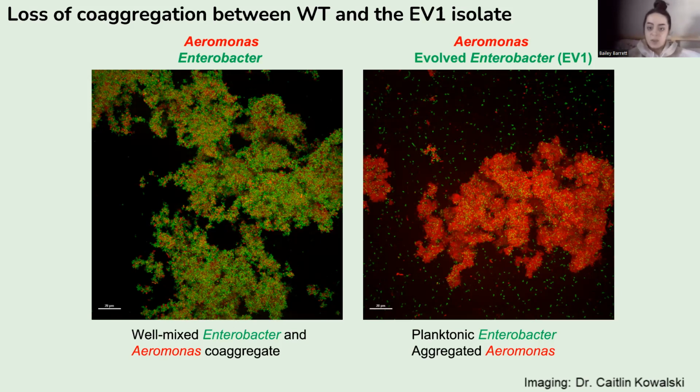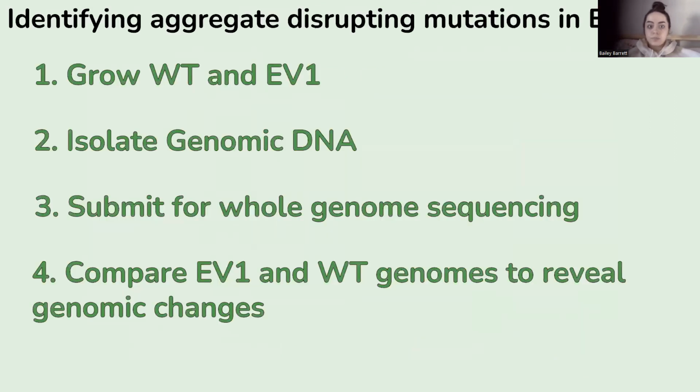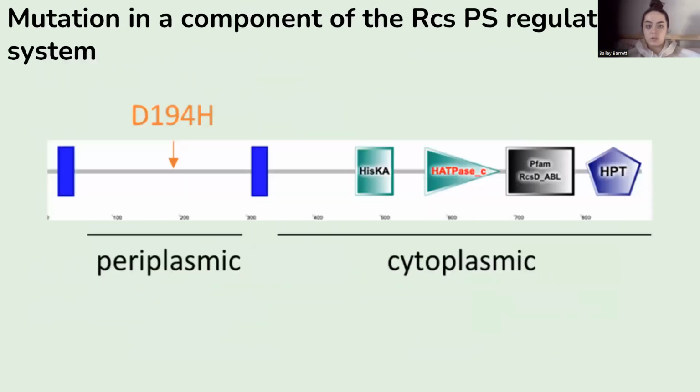This was imaging of EV1. This was so exciting, and we needed to send EV1 off for genomic analysis. So that's what I did, and we got our results back, and we found a mutation in the RCS regulatory system, and particularly for EV1 in the RCSD gene.